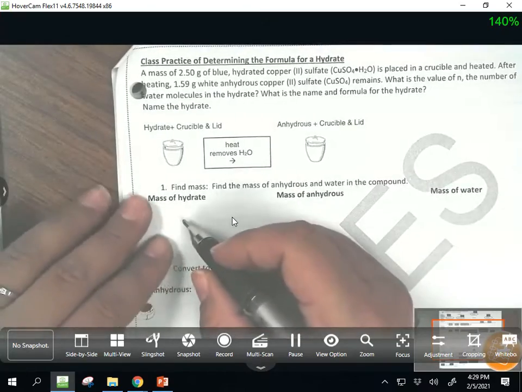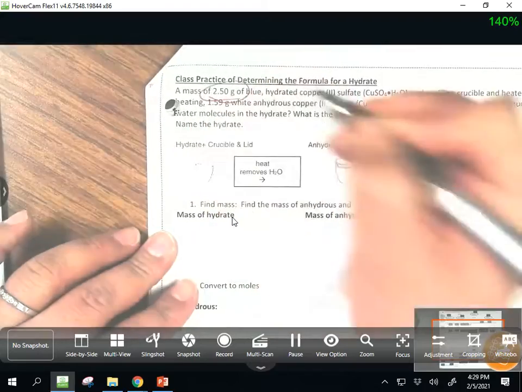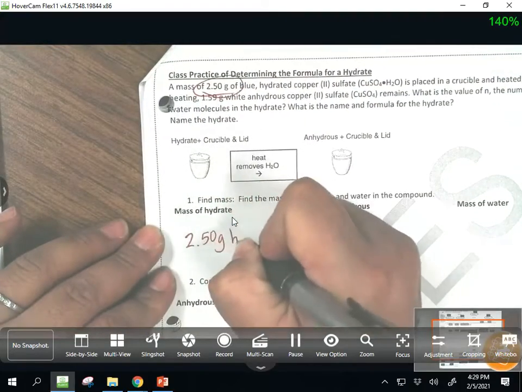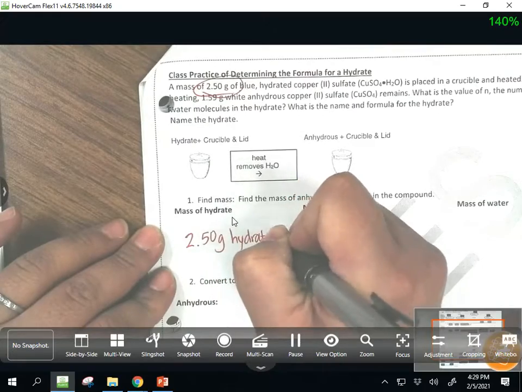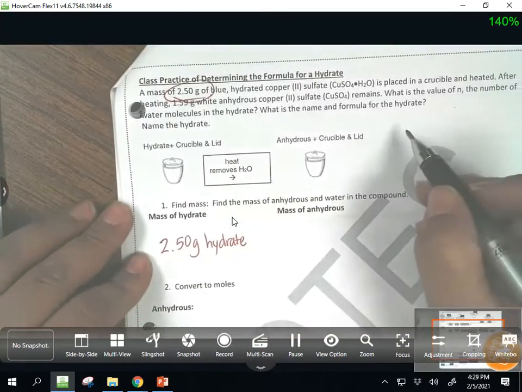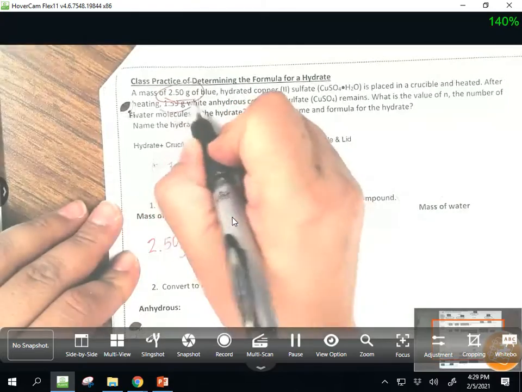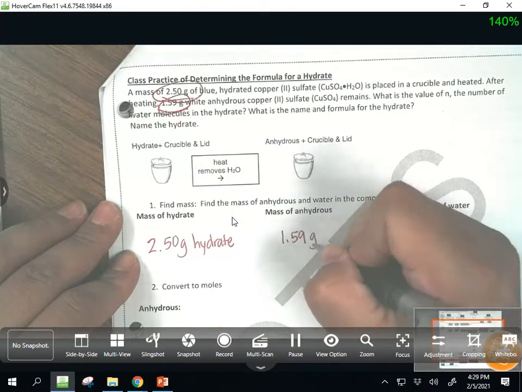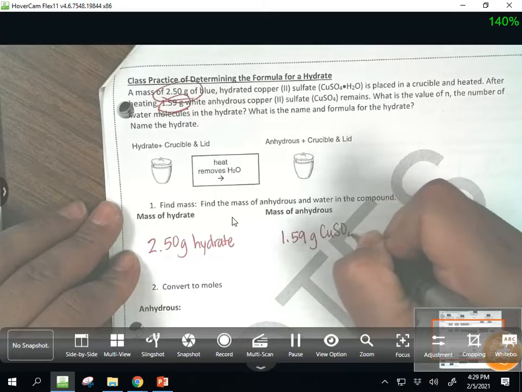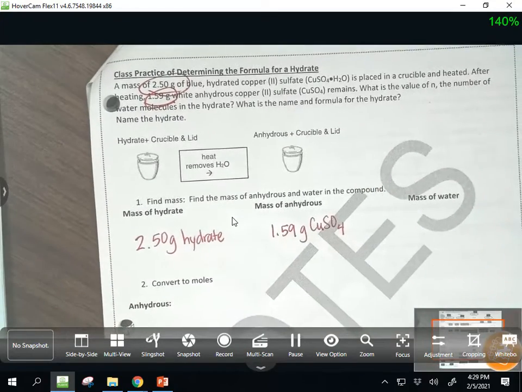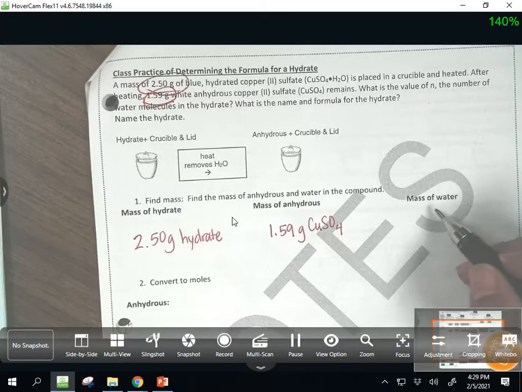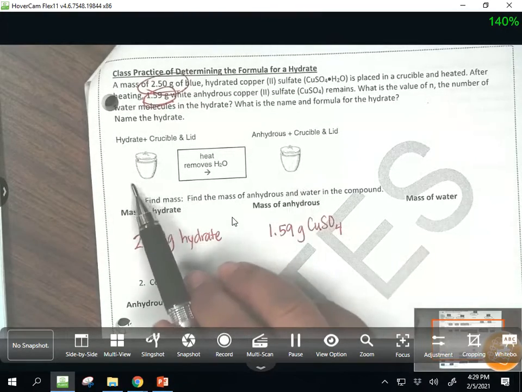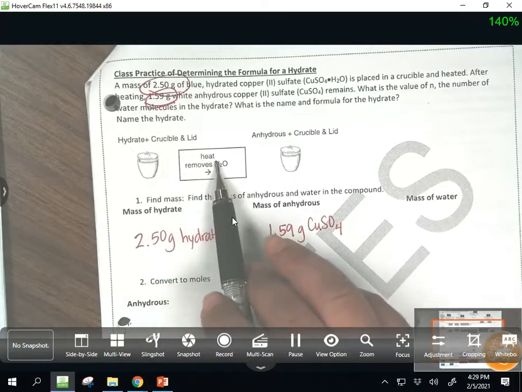So the mass of my hydrate is 2.50 grams. My anhydrous is 1.59. So then what is my mass of water? Remember, when we heat the crucible with the hydrate, it removes the water.